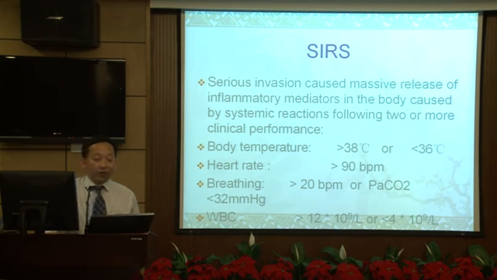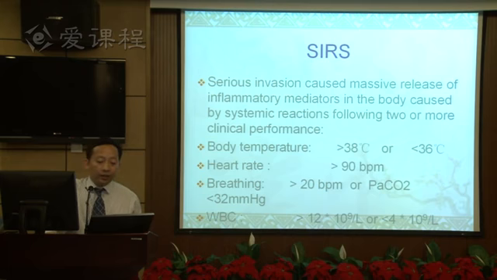It means a serious invasion causes a massive release of inflammatory mediators in the body, causing a systemic reaction followed by two or more clinical manifestations. There are four: one is body temperature more than 38 centigrade or less than 36 centigrade; the heart rate more than 90 beats per minute; the breathing rate more than 20 per minute, or the arterial carbon dioxide partial pressure less than 32 mmHg; and the white blood cell count more than 12,000 per milliliter or less than 4,000 per milliliter.